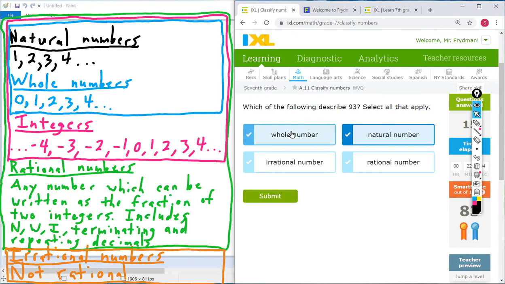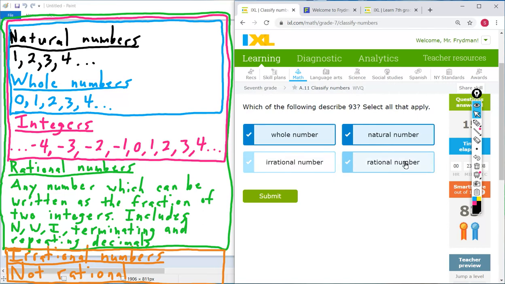So 93 is also a whole number. And the same thing goes for integers. If something is a natural number or a whole number, then it's also an integer, because again, all of the natural numbers and whole numbers are included in the integers. So if it's this, then it must also be this.